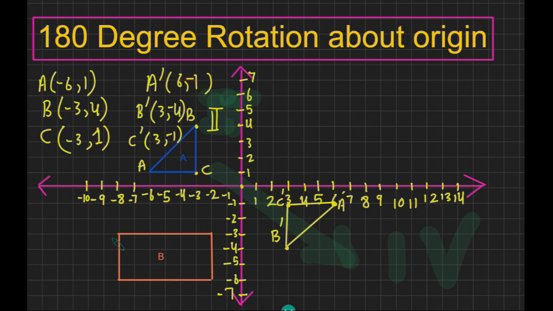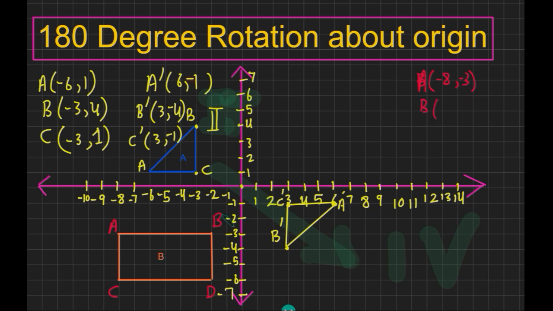For figure B, we will also see the coordinates. Okay. For the coordinates of figure B, I suppose this is point A, this is point B, C, and this is D. Okay. A point coordinates, you can see -8 and -3.